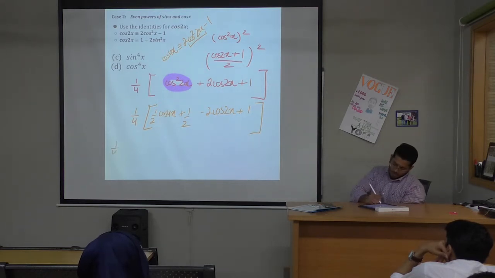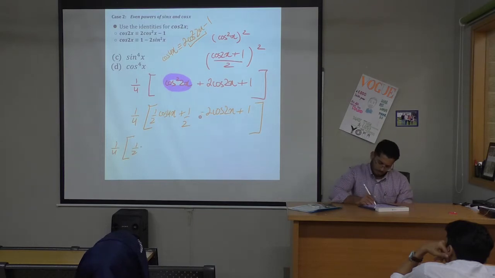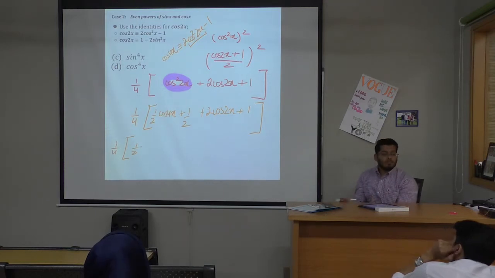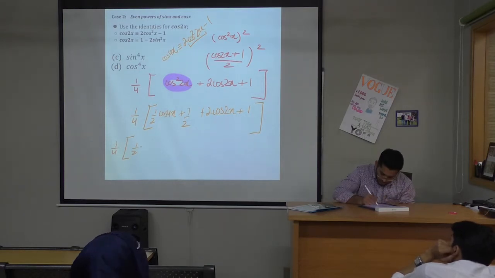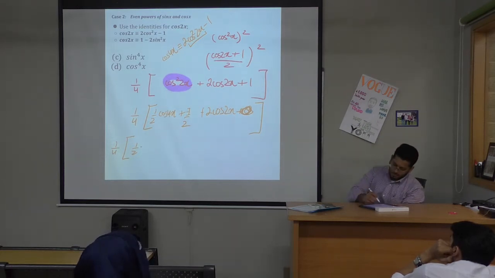Let the 1 by 4 be outside. Half sin 4x upon 4, plus 2 cos 2x in the bracket. So 3/2, you have to add. Why was the 1 removed?